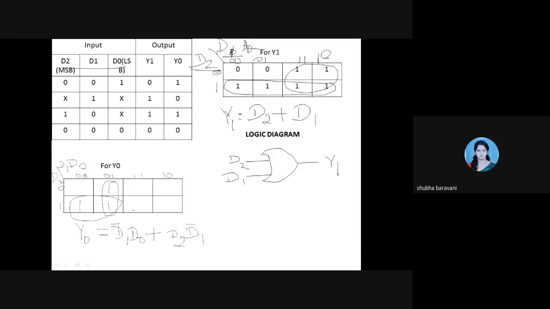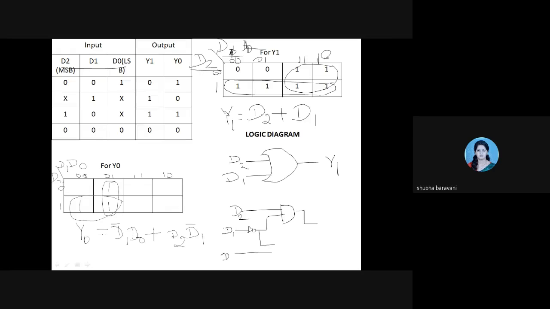Y0 का implementation, what I want, one D2 कहाँ पे है? D2 is directly coming. So D2 I'll put D2 into D1 bar. Okay, so D1 I'll take, this is D2, right? D1 I'll take NOT gate, D2 into D1 bar. I have to put a AND gate. Then D1 bar, again D1 bar and D0.